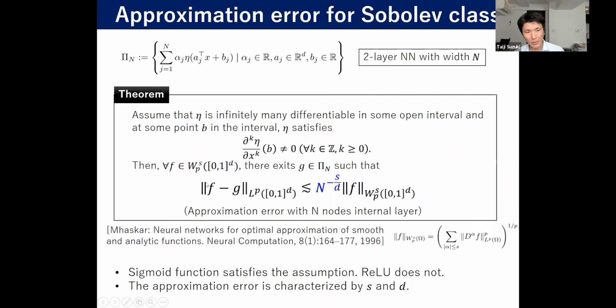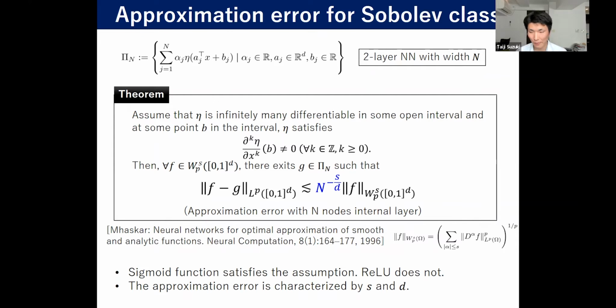The Sobolev space is characterized by two parameters, s and p. You don't need to understand p. The s is the more important parameter here. So s characterizes the smoothness of the function in the Sobolev space. Roughly speaking, the function f in the Sobolev space is s times differentiable. Therefore, if s is large, then the function f in the Sobolev space is higher order differentiable.